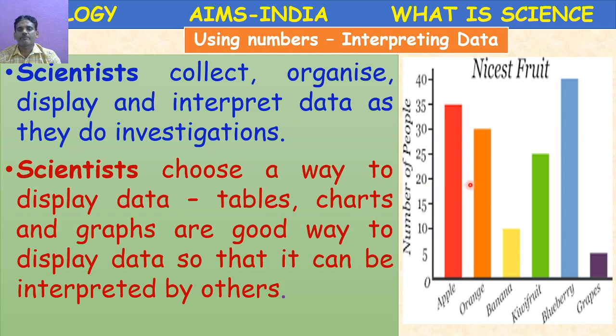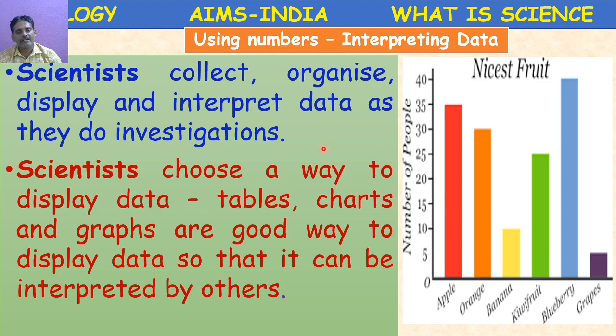Some 35% of people say apple is a nice fruit, and some 30% say orange, and 10% banana, and 25% kiwi fruit, and nearly 40% of people say that blueberry is a nice fruit, and only 5% say grapes.